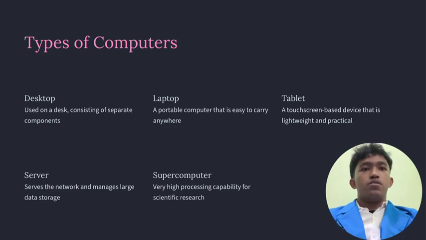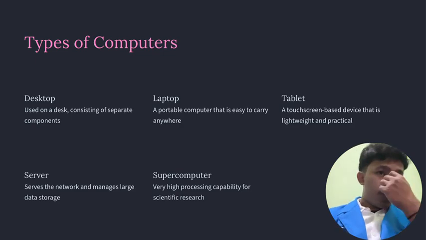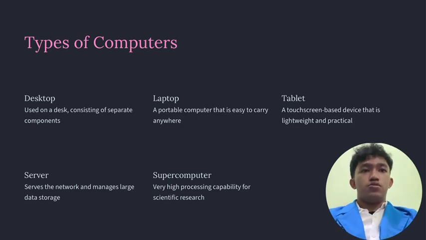Computers also come in various forms, tailored to the needs of their users. Desktop, used on a table and made up of separate components. Laptop, more portable, easy to carry anywhere. Tablet, touchscreen based, lightweight and practical.